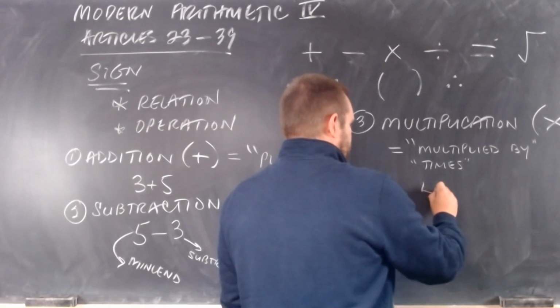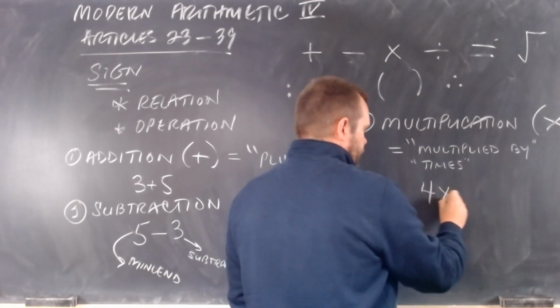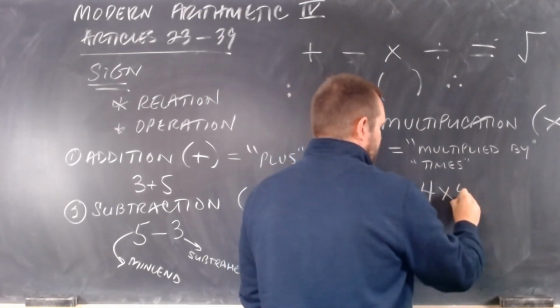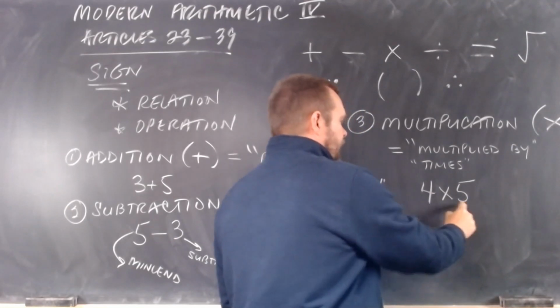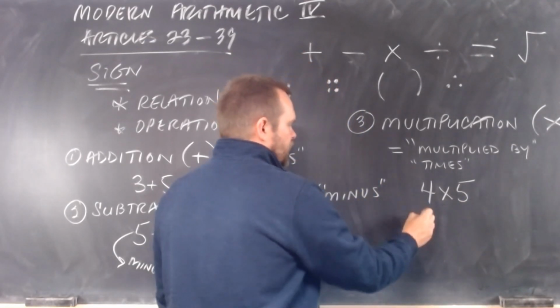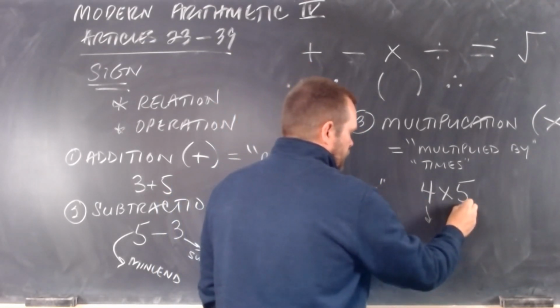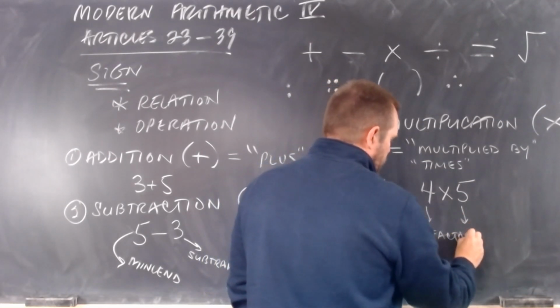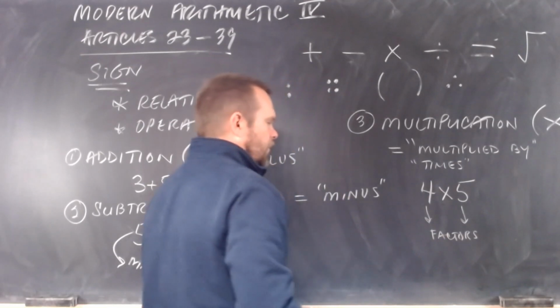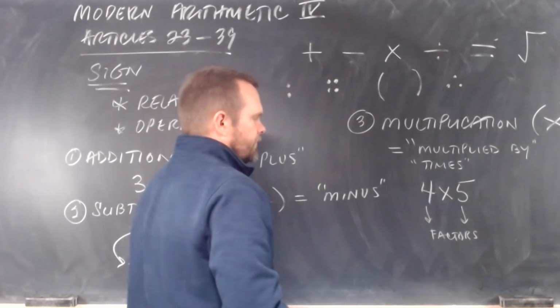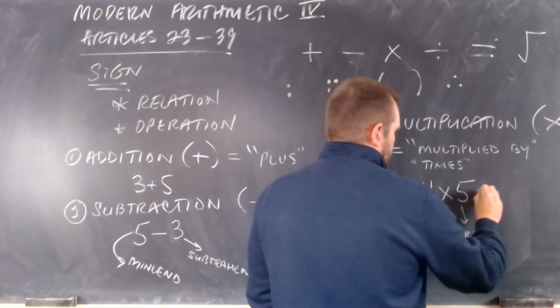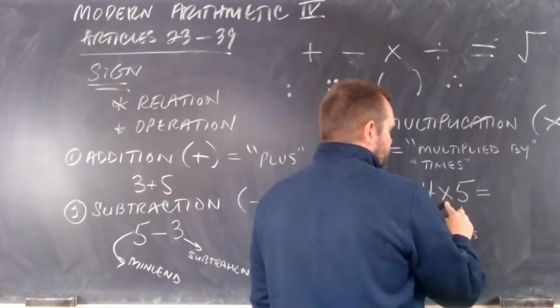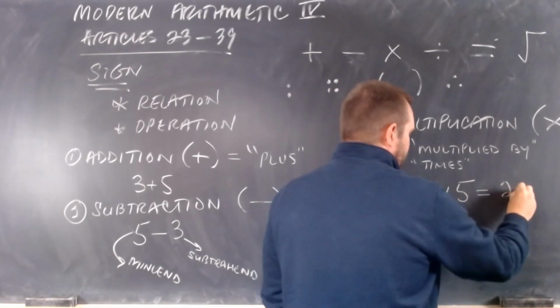So in the expression for 4, the multiplication sign and 5, these two numbers are called factors. The numbers that we multiply are called factors. 4 multiplied by 5 equals 20.